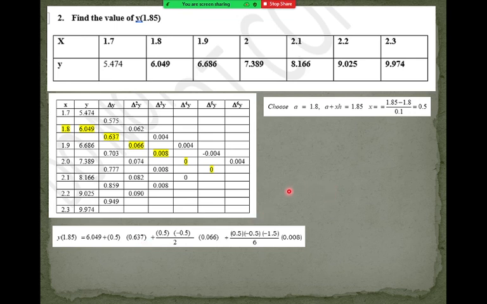By Newton's forward interpolation formula, first write the formula: f of a plus xh is f of a plus x delta f of a plus x into x minus 1 upon 2 factorial delta square f of a and so on. First write the formula always and then do the calculation. You have to do this calculation on the calculator and should get the answer as 6.359. Any doubt here?